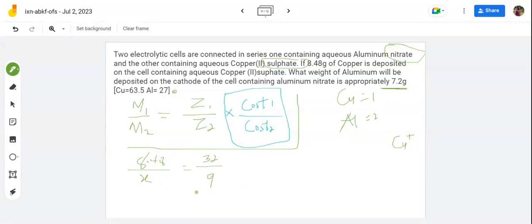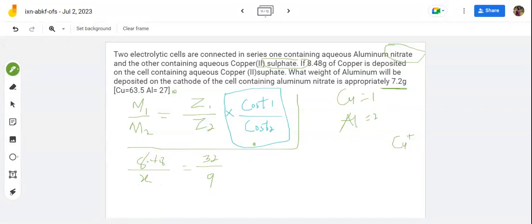But just because of time, calculator. So we have 32 divided by 9. You have 3.55.